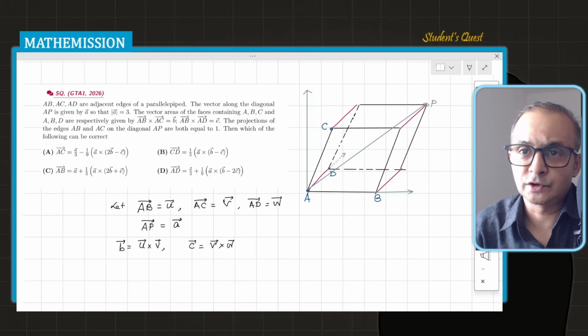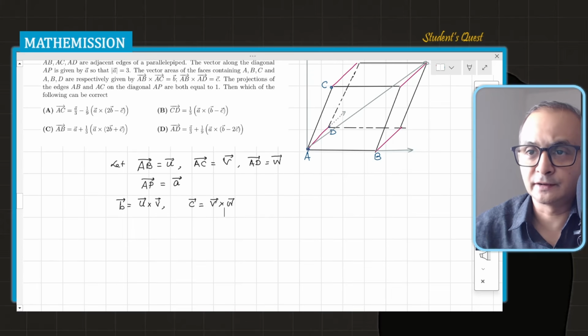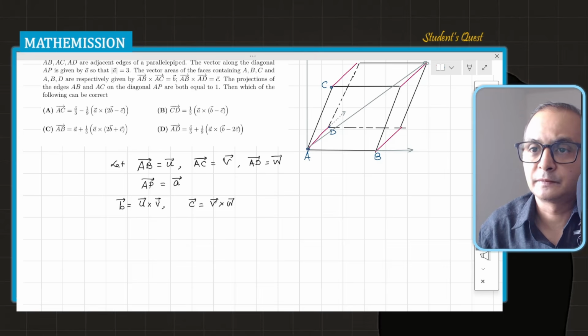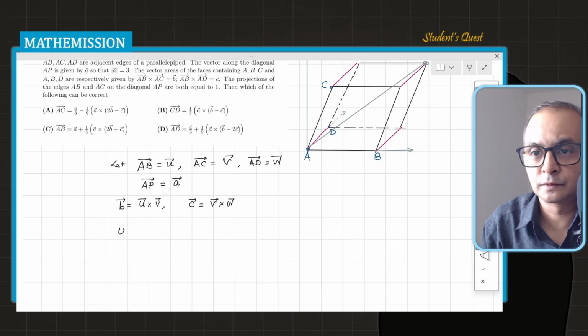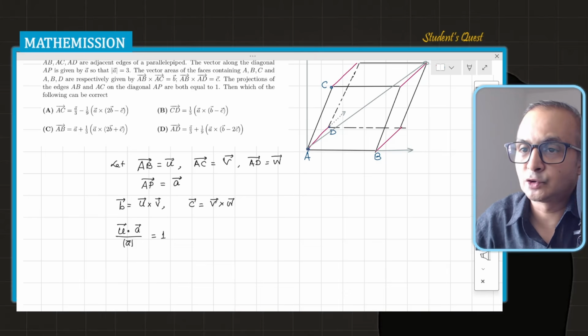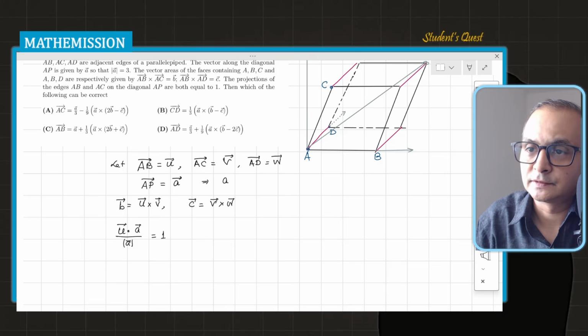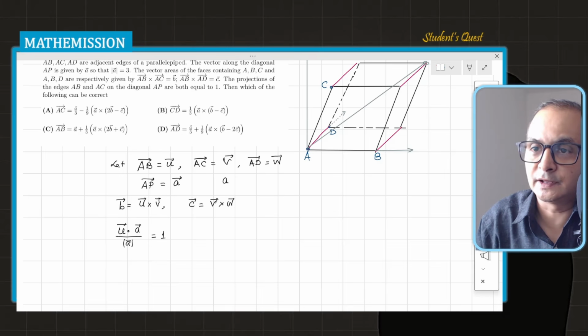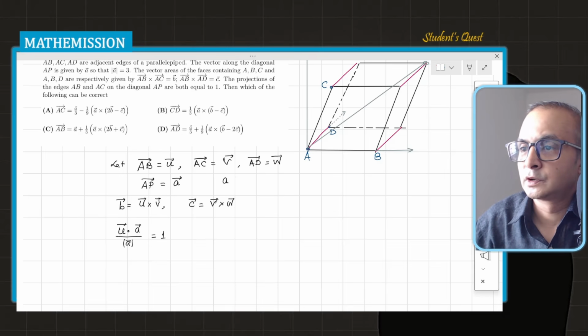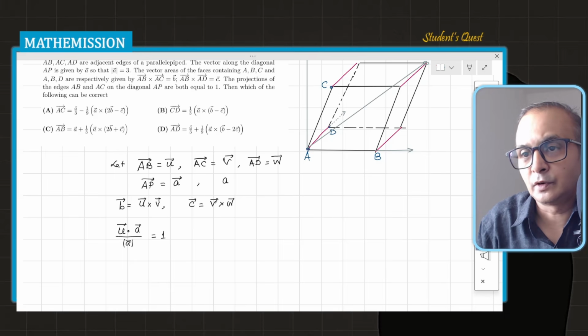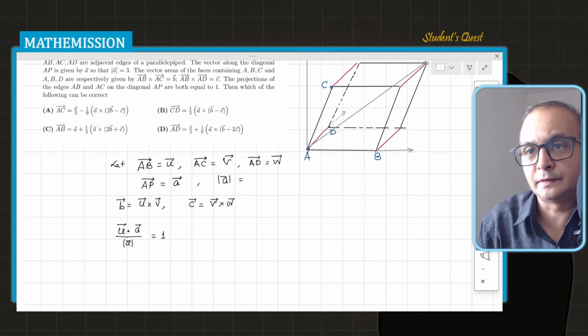Now the projections of the edges AB and AC on the diagonal AP. So the projection of AB, that is U dot A divided by magnitude of A, is equal to 1. But notice the magnitude of A is already given as information. So I have the magnitude of the vector A is 3.